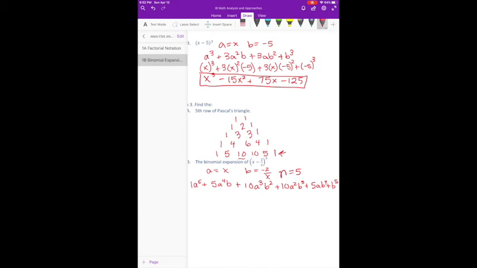Next, we are going to plug in our x for a and -2 over x for b.